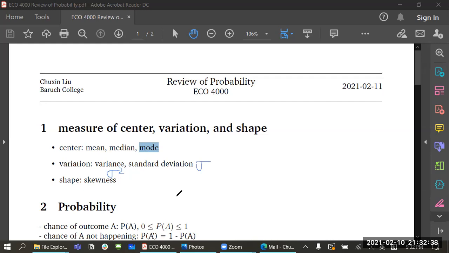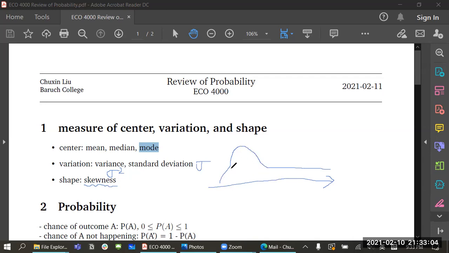Shape describes whether the data is symmetric or not. So you can have data that is symmetric or not symmetric. Skewness talks about how its extreme values spread out. Let's say we have an income distribution that looks like this.